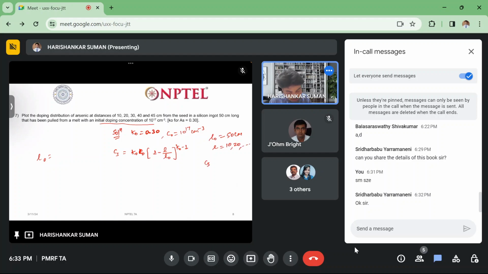So we have to find Cs, the doping distribution of arsenic. So this is the formula. Please try to solve and plot roughly. We have 5 minutes. Please try to solve this question.